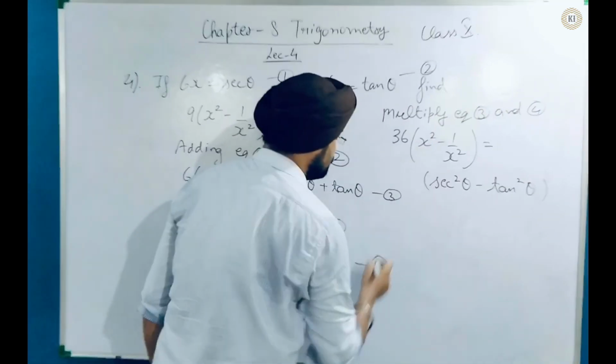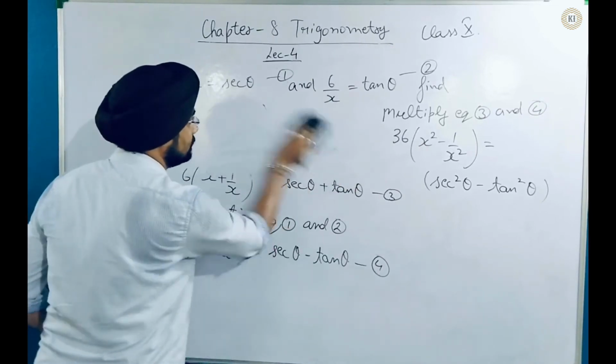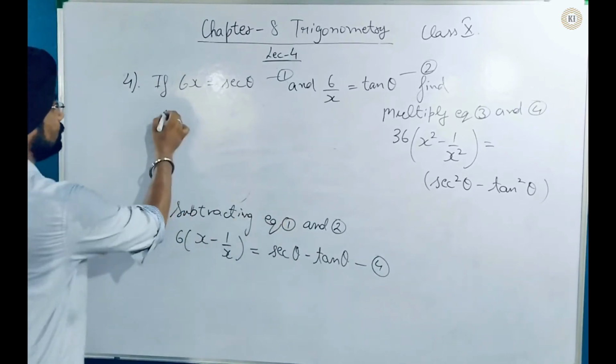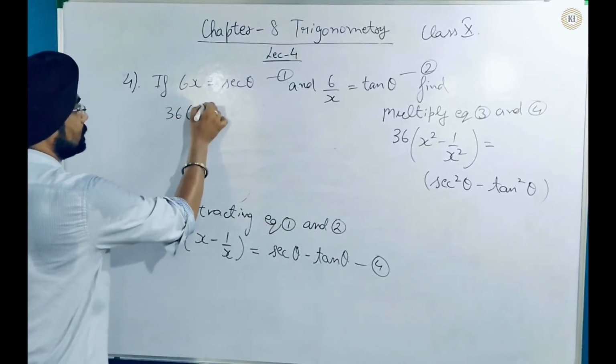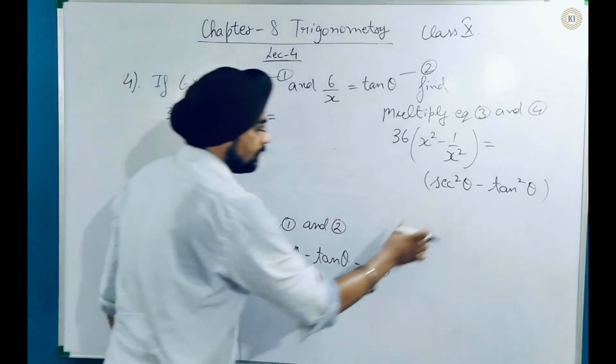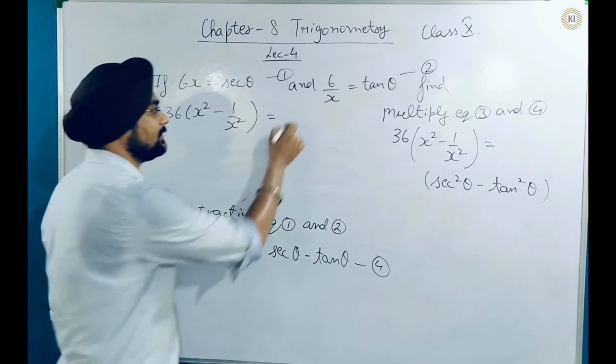So 36 into x square minus 1 by x square is equal to, now according to the identity, sec square theta minus tan square theta will be 1.